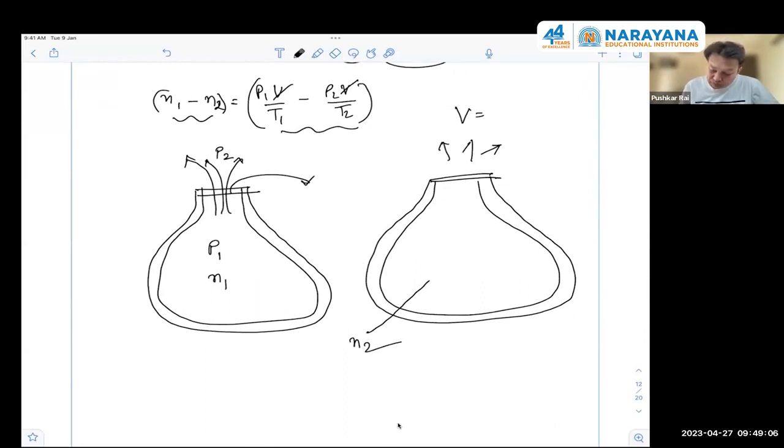You will warm it up, and you will once again take it to the initial temperature T1, because that was 21 degrees centigrade. In the process, some pressure P3 will be there. That's what they are asking. Try to understand the whole problem.